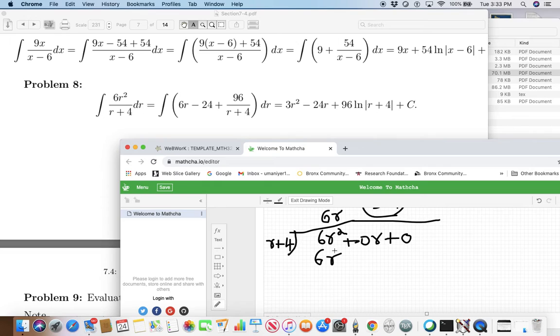We try to match. 6r times 4 is 24r. And what do we do? We subtract the second line from the first line. These go away. I'm left with negative 24r.